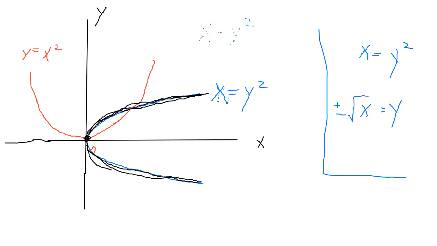But the point is, for y equals x squared, that up and down parabola, y is a function of x. But for x equals y squared, x is a function of y.